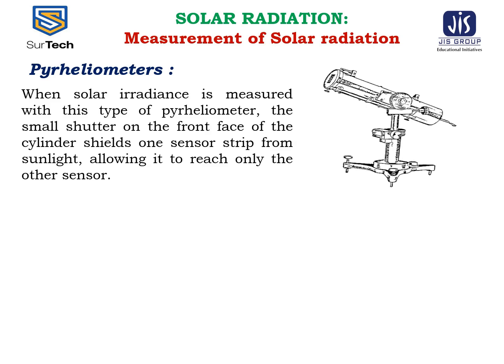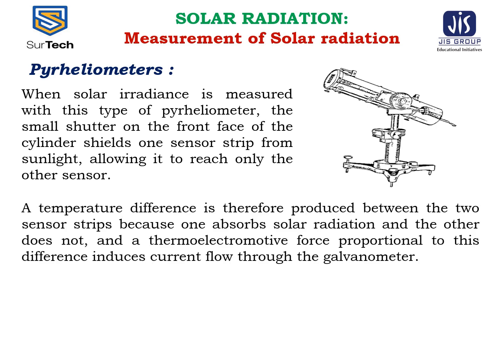When the solar irradiance is measured with this type of heliometer, the small shutter on the front face of the cylinder shields one sensor strip from sunlight, allowing it to reach only the other sensor. A temperature difference is therefore produced between the two sensor strips because one absorbs solar radiation and the other does not, and a thermoelectromotive force proportional to this difference induces current flow through the galvanometer.